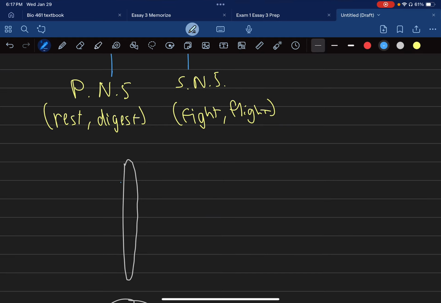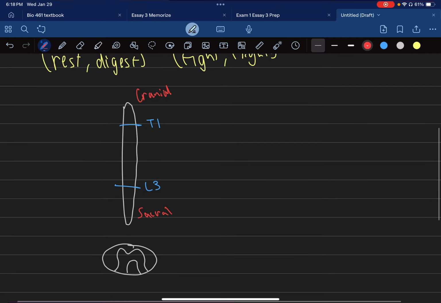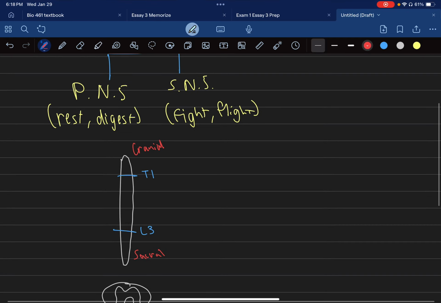The sympathetic nervous system is going to originate from about T1 to L2 or L3, and the parasympathetic nervous system is going to be mostly in the cranial and sacral parts of the spinal cord. So they're both going to originate in different places.